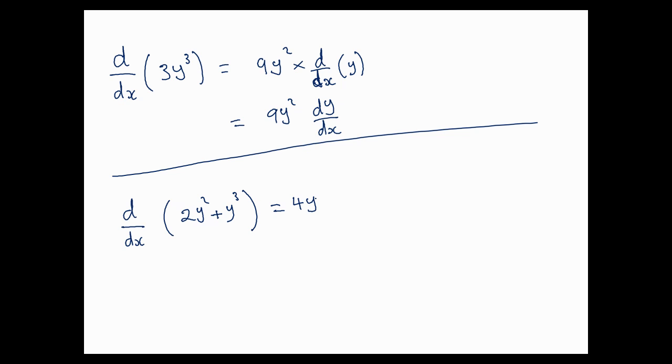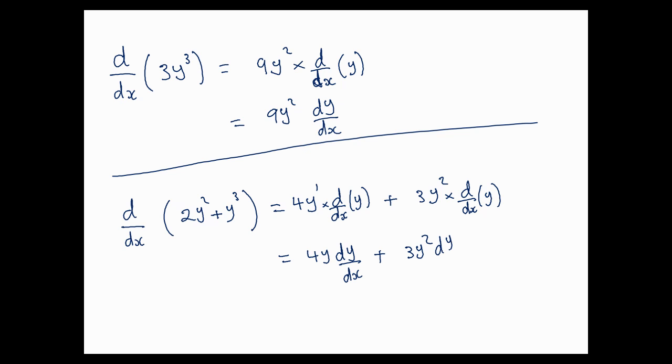That becomes 4y to the power of 1 times the differential of the inside function, which is the y, plus 3y squared multiplied by the differential of the inside function. Okay, and that's going to equal 4y dy dx plus 3y squared dy dx.